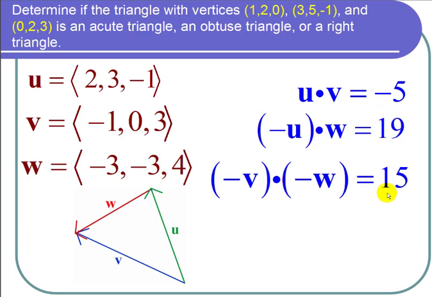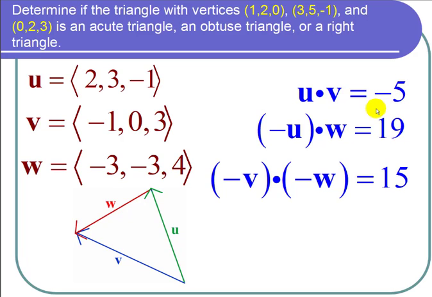And the important thing to note is that the cosine of the angle always has the same sign as the dot product, because when we take u dot v and divide by the magnitude of u times the magnitude of v, the denominator is just a product of magnitudes that's always positive. So that tells you the cosine of the angle between vector u and vector v is negative.